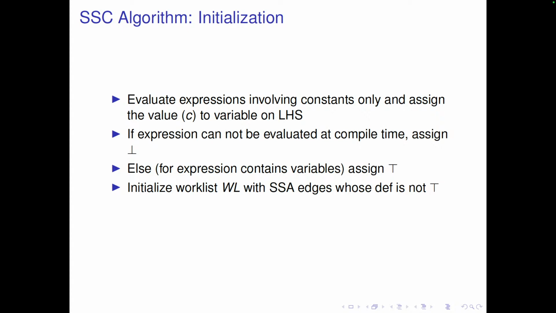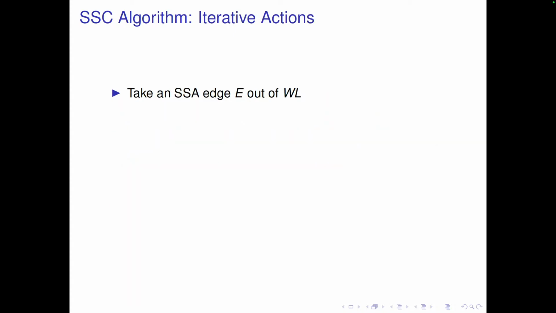The optimistic ones you just leave as they are, because they are not going to affect anyone else. And like any other work list, once it is empty and you have processed all the nodes, you are done. Note that the work list is only with SSA edges, not with program edges.